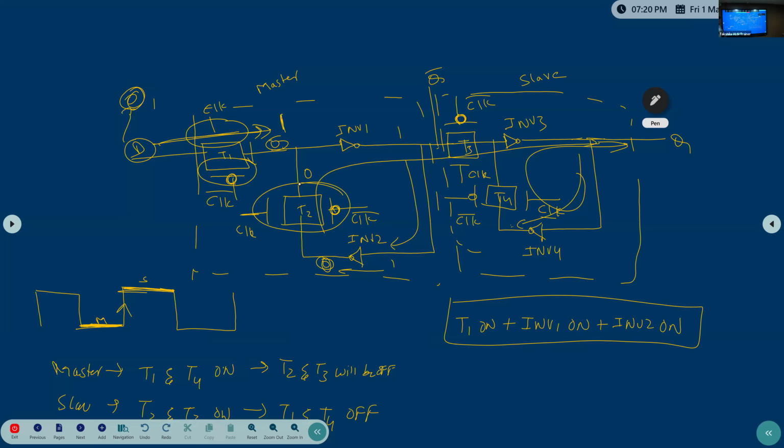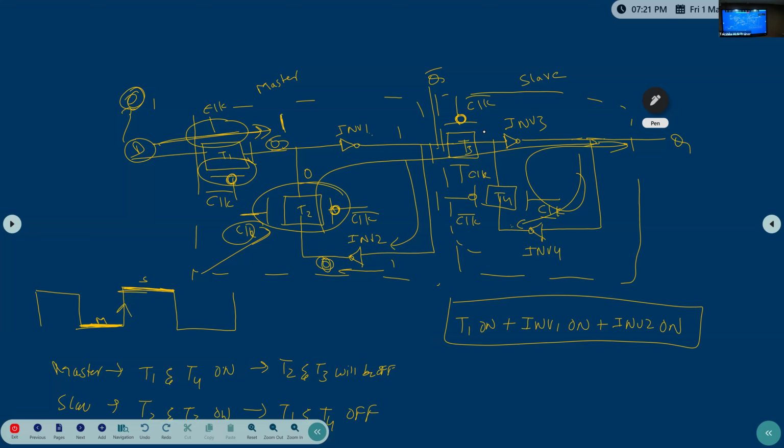But the clock can come directly, while the data needs to travel through T1, inverter 1, inverter 2. This much delay it has. These 3 stages it needs to cross and then it will be ready at T2. Then the clock will come and push to the next state, push to Q. Means from here it will go through inverter 1, inverter 3, transmission gate 3, inverter 3, then it will reach the destination Q.